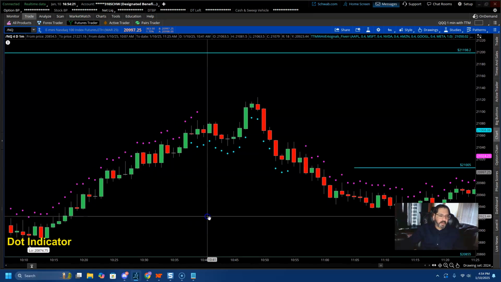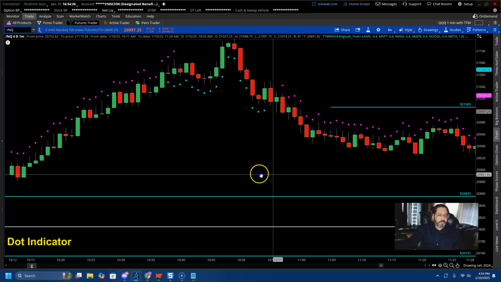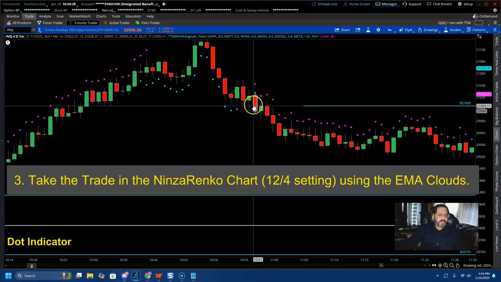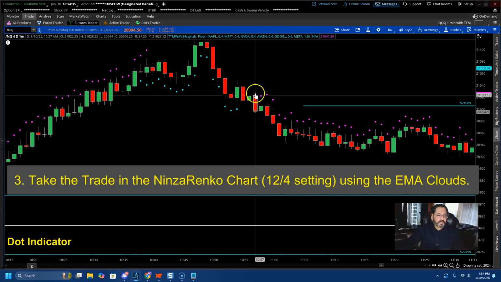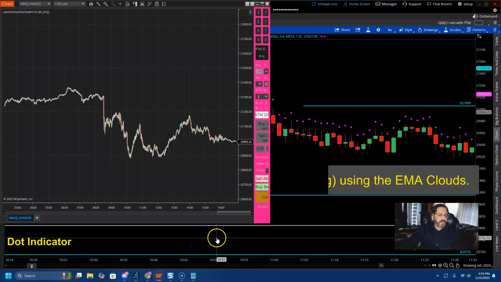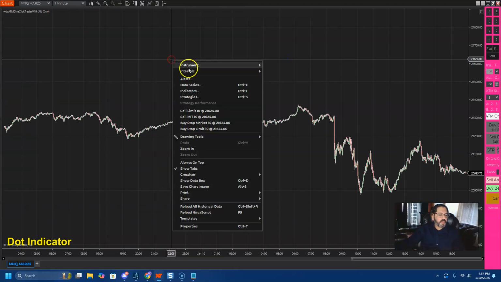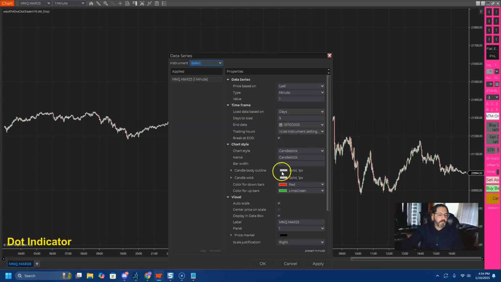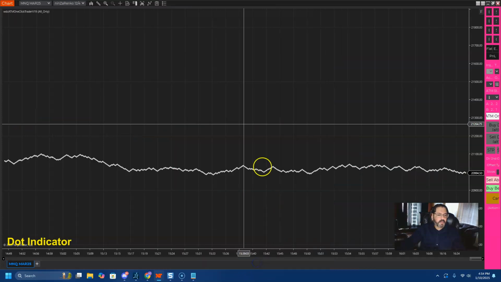Another way that I like to play and trade as well is, for example, this 1058 bar, right? Today at 1058 on January 10th, we saw the first purple dot. So then what you do is you go to NinjaTrader at that time, and we open the NinjaRenko with 12.4 settings right there.